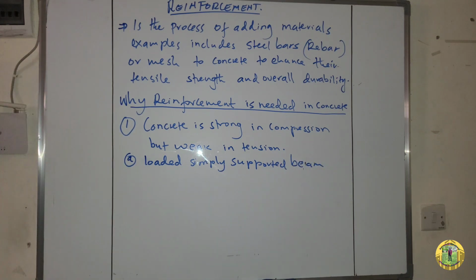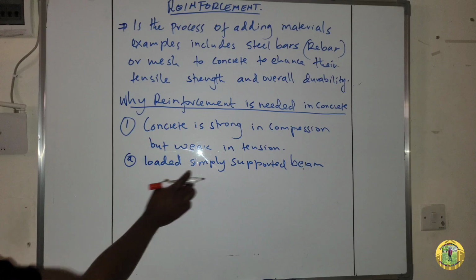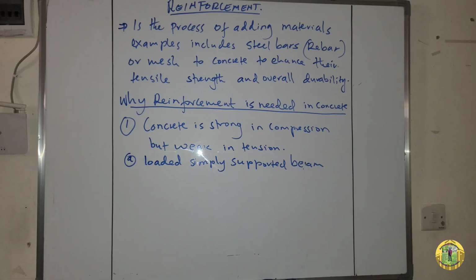Under this, I will draw a loaded, simply supported beam, and then I will show you how this beam will bend and where the compression zone and the tension zone will occur, and where the reinforcement is needed, either in the tension zone or in the compression zone. So you will be able to know between the two.